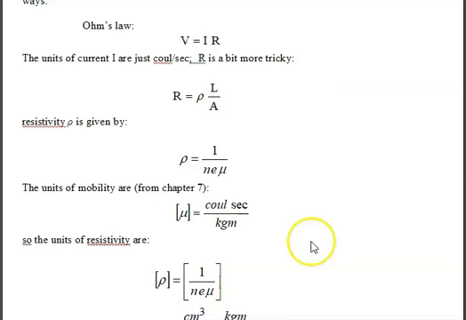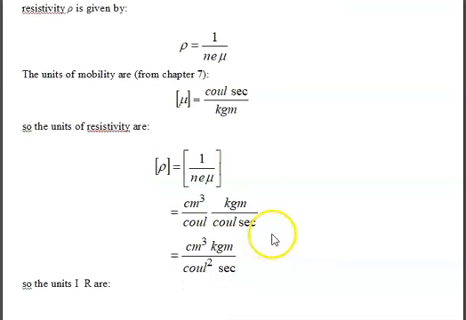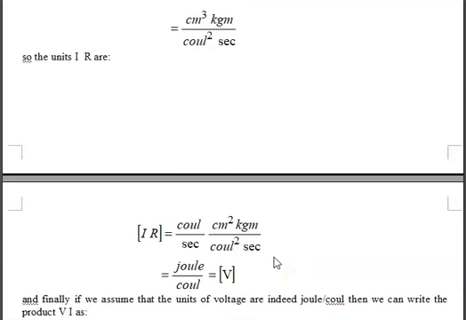So the units of resistivity then, putting all that stuff in: this part here is the centimeter cubed per coulomb. The mu is kilogram divided by coulomb second, because it's in the denominator, and we wind up with centimeter cubed kilogram per coulomb squared second. So I put all that into R. This is I, coulomb per second.